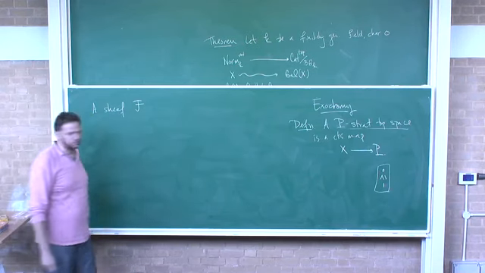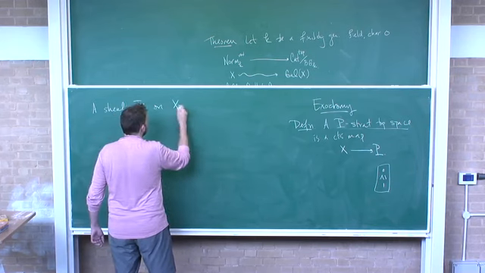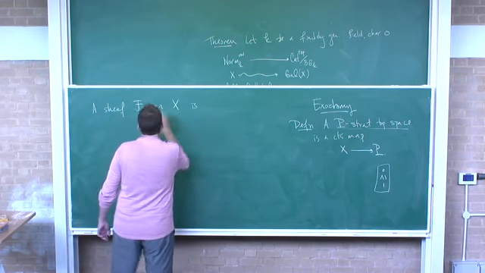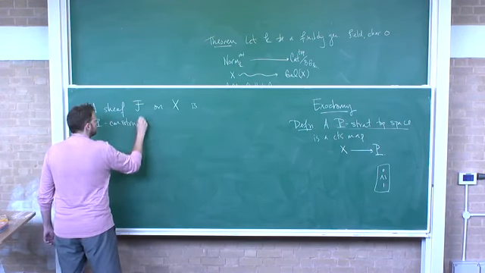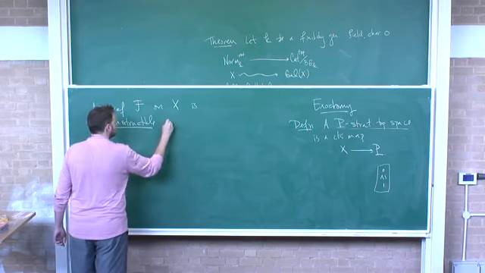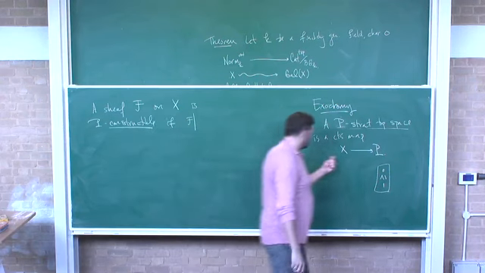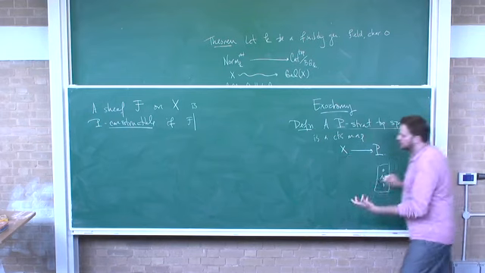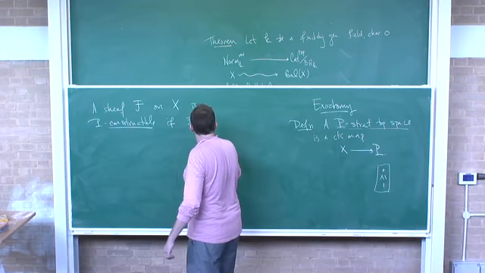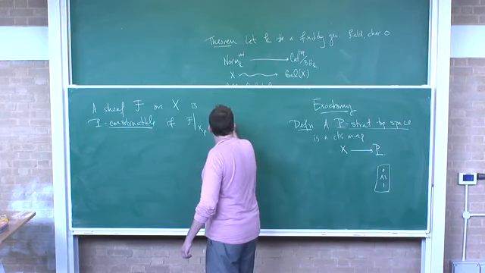If you like sheaf of spaces, it's fine. On X is P-constructible when I take F and restrict it to the inverse image of a point here, that's called a stratum, I'll call that X_p, then this is locally constant.